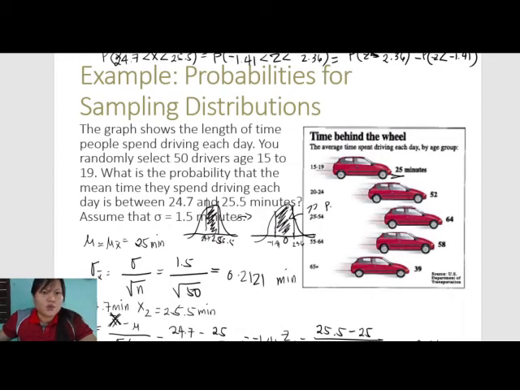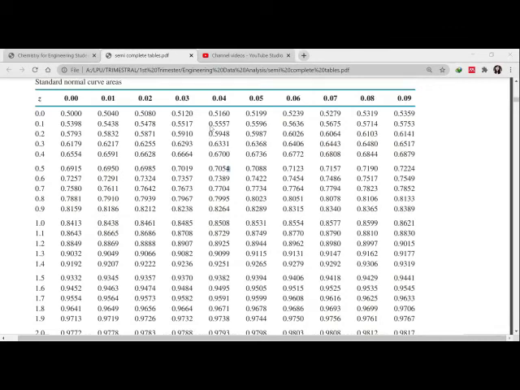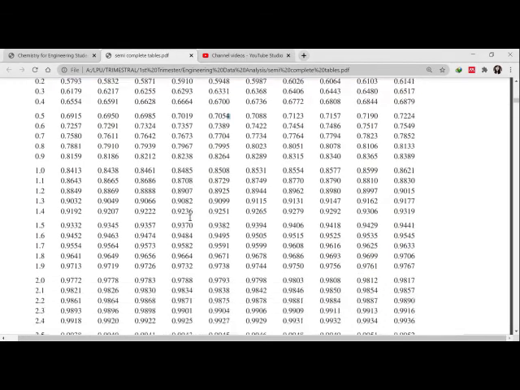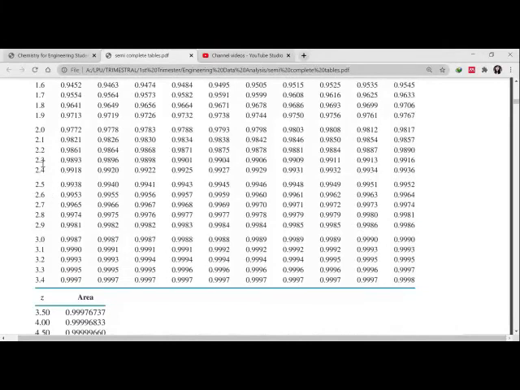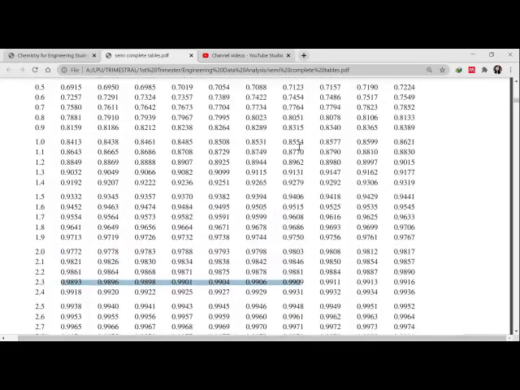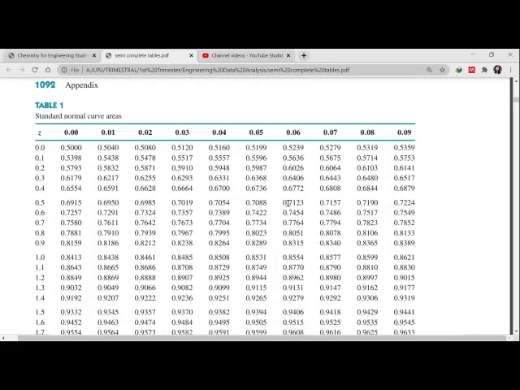So, let me just go through the table. Okay, so we have here the table. Hanapin natin ngayon yung Z value na positive 2.36. 2.3, hanapin ang 6, ito.